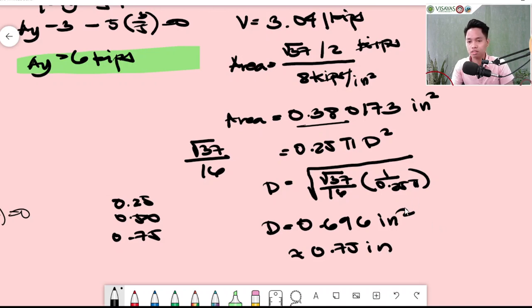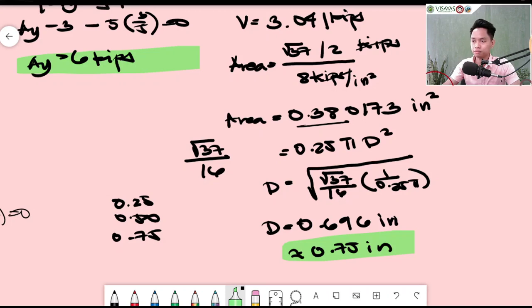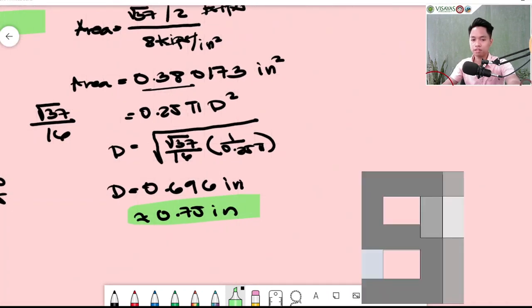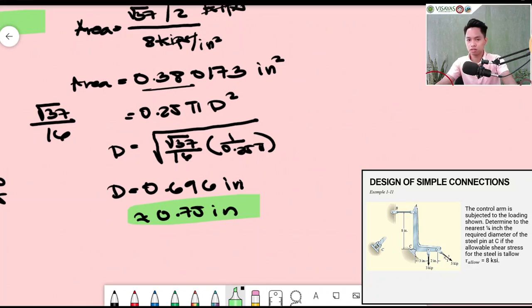Sorry, nga no, dili na siya square inch, inches lang na siya. Right? 0.75 inches. Ang ato ang working diameter sa C. Now, let's check if we have the same answer. What is our answer?